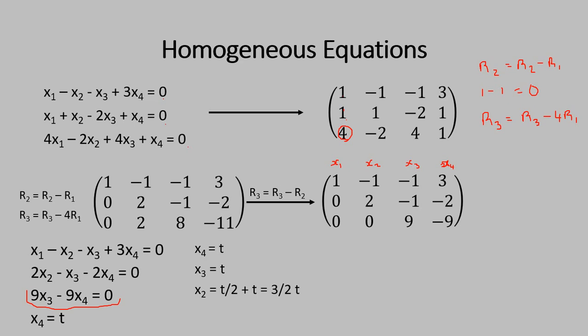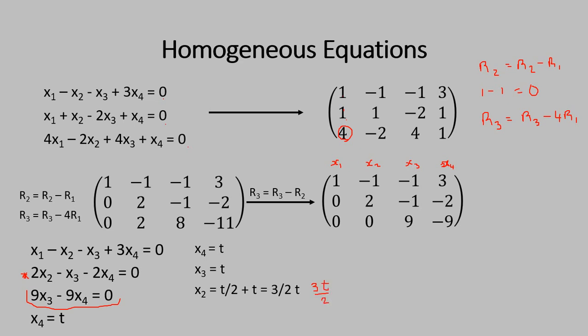Now x2, making x2 the subject, we get t divided by 2 plus t, which is just 3 halves t. So this isn't 3 over 2t, this is basically 3t over 2.